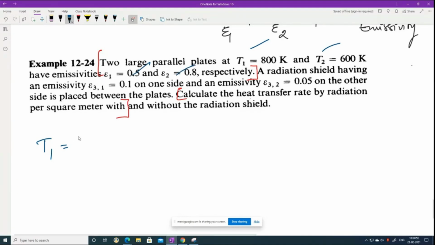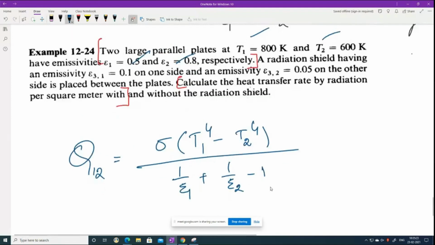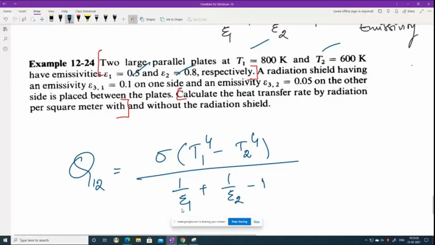If you want Q12 here, it will be sigma into T1 to the power 4 minus T2 to the power 4, divided by 1 by epsilon 1 plus 1 by epsilon 2 minus 1. We will substitute T1, T2, epsilon 1 and epsilon 2.